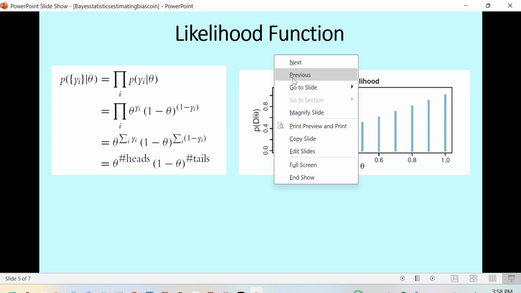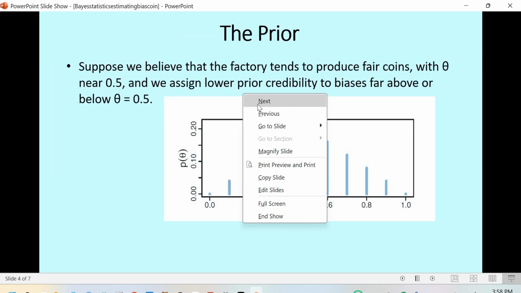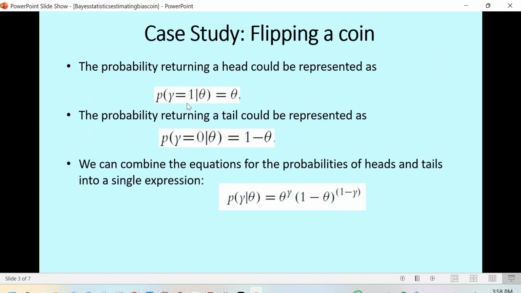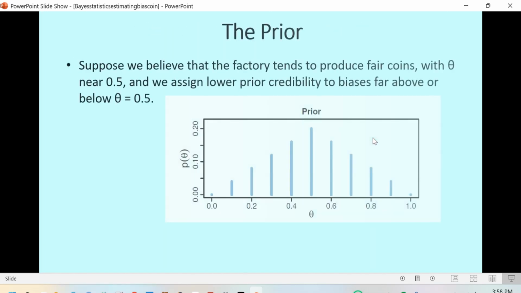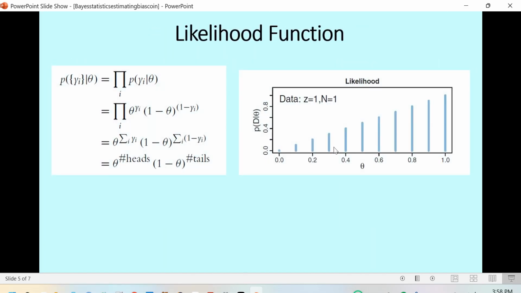If we look back at this one, this is the likelihood for each head result, right? So the probability of head given theta is theta. So in the likelihood, if we get one trial and get a head, this is the likelihood for each theta.